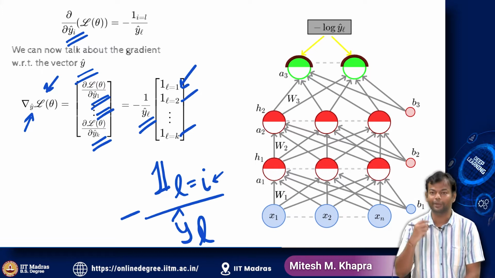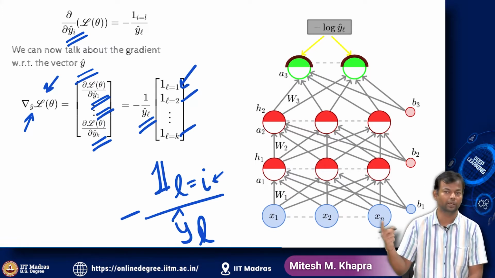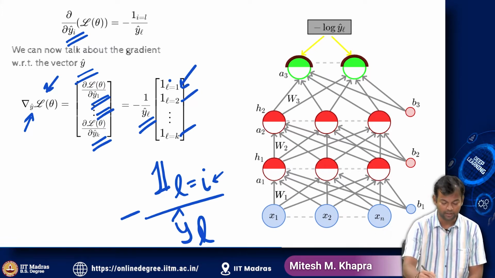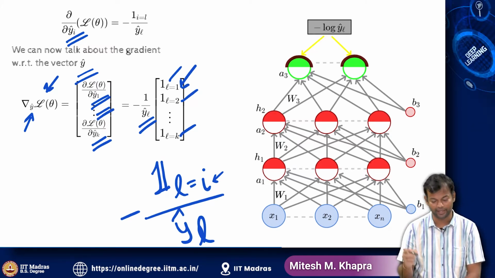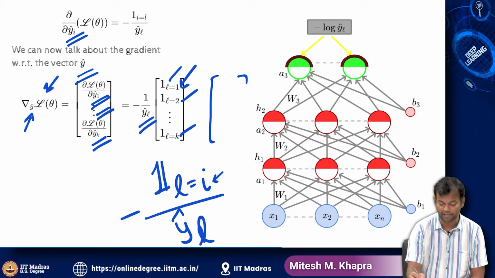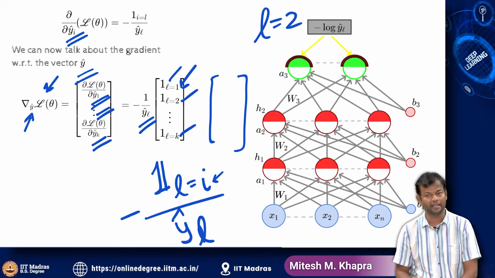And since L could take on any one of the k values, this vector will have 1 in only one position and 0 everywhere else, right? For example, on the previous slide we were discussing that suppose L equal to 2, that means the correct class is the second class.